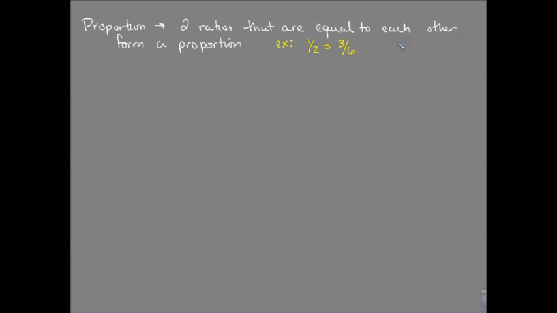Or 3 to 5 is equal to 9 to 15. Typically speaking, when we talk about proportions, we use fractions. This is the most common form. We don't have to use fractions, but we can use fractions.